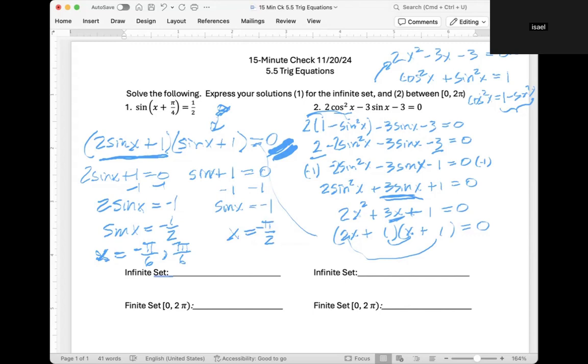So for my infinite set, I can put all these plus 2 pi n. So we have negative pi/6 plus 2 pi n, 7 pi/6 plus 2 pi n. I keep on wanting to put it over n. And then negative pi/2 plus 2 pi n. All right, let's think about what those are between 0 and 2 pi.